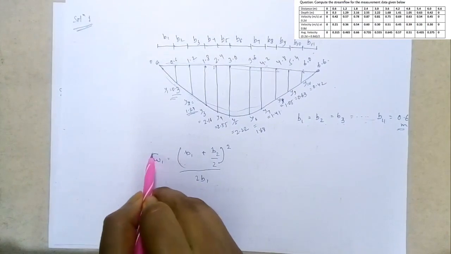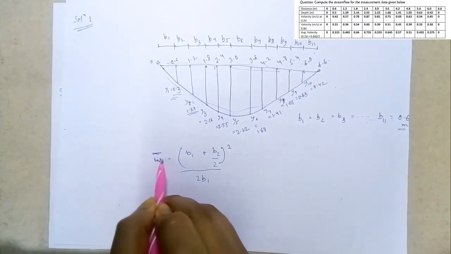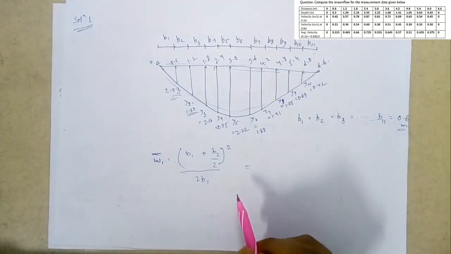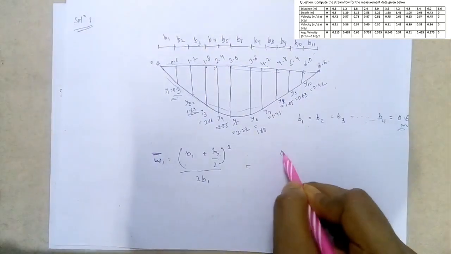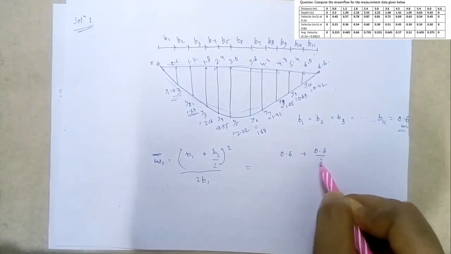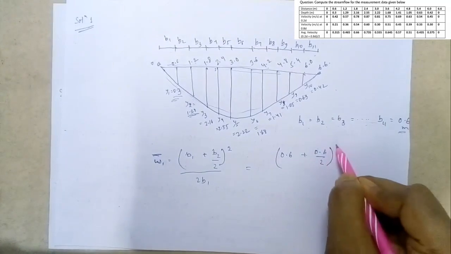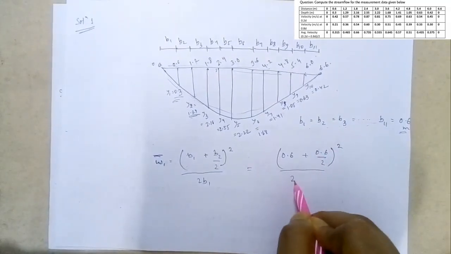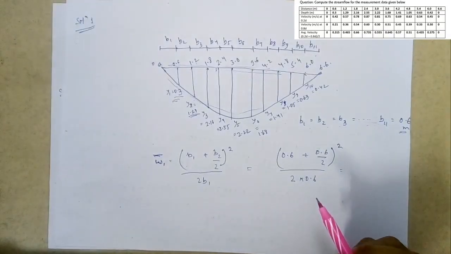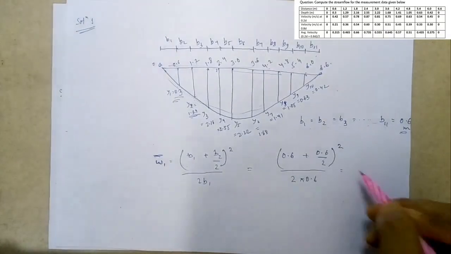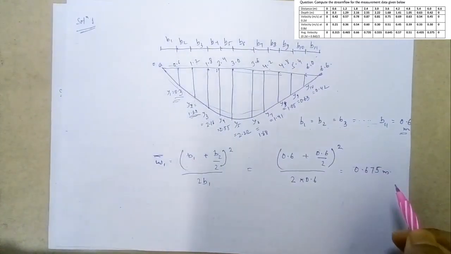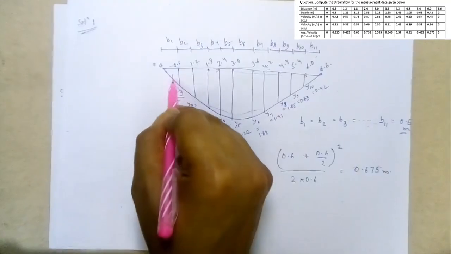This is how we get the value of W1 bar, and it is equal to (0.6 plus 0.6 by 2) whole square divided by 2 times 0.6, since both B1 and B2 are 0.6. The answer comes out to be 0.675 meter for W1.